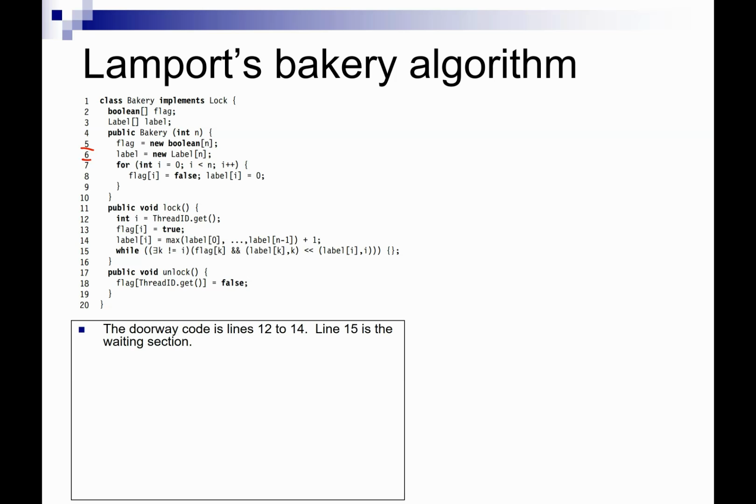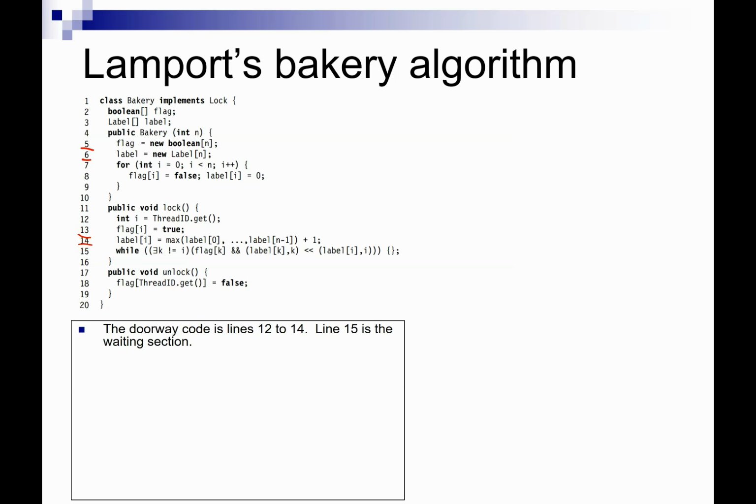Basically, I'm going to do two things to get into the critical section. I'm going to raise my flag so people know I'm here, and then I'm going to get a label, which corresponds to my ticket. The smaller my label, the earlier my ticket is, the faster I get in. So on line 13 I set my flag, and then I need my label.